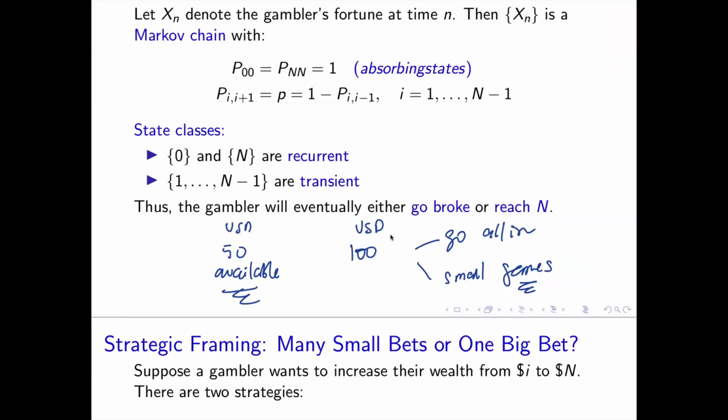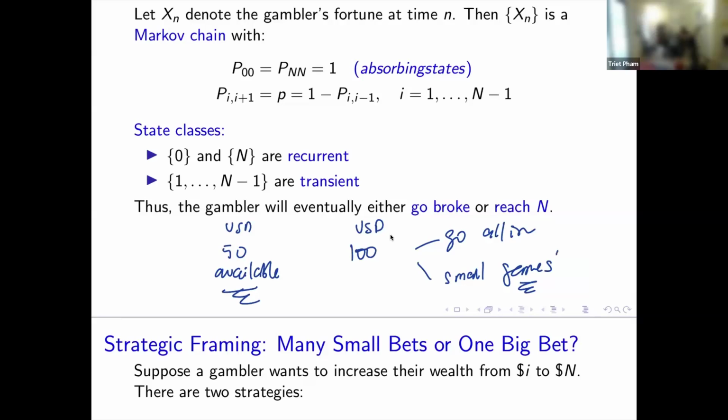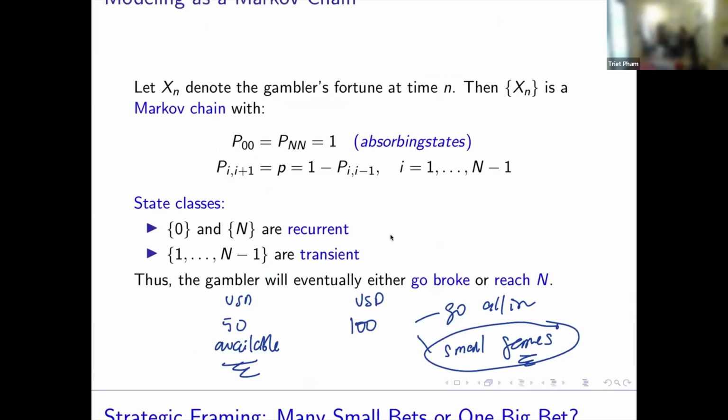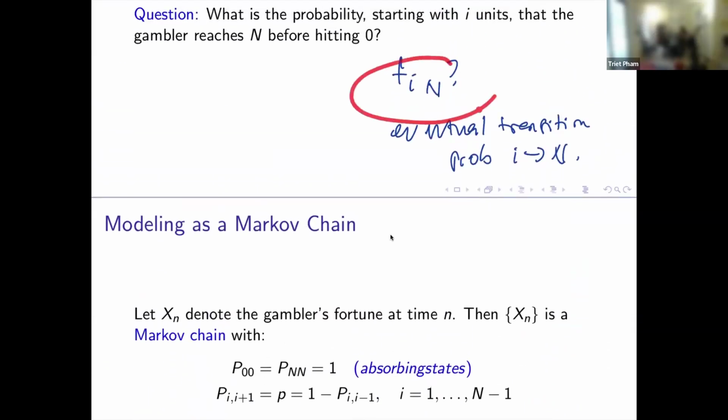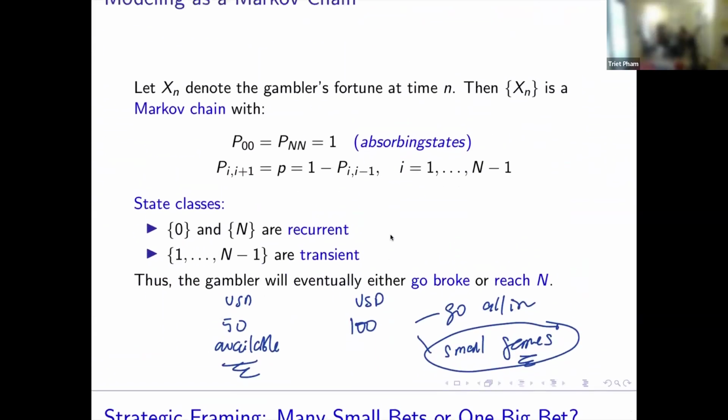Does it depend on p? Excellent answer. The rational answer depends on which strategy gives you a higher probability of getting there, meaning the f_in here. Whichever gives you a higher probability, you should go with that.